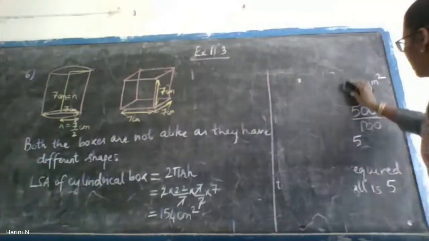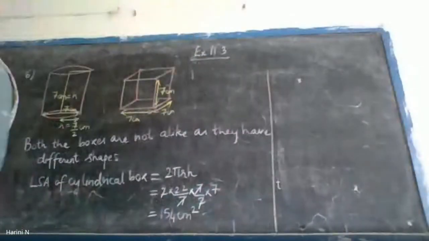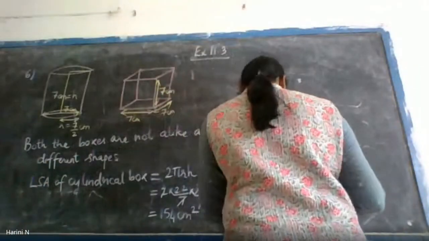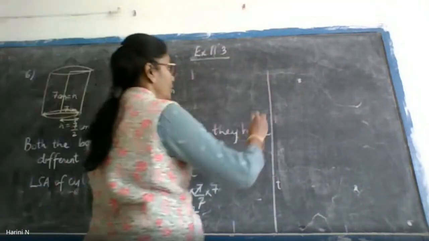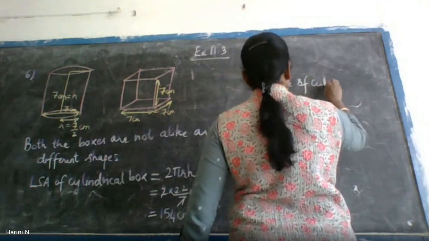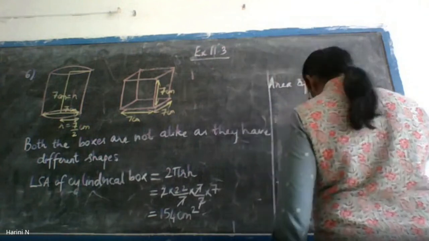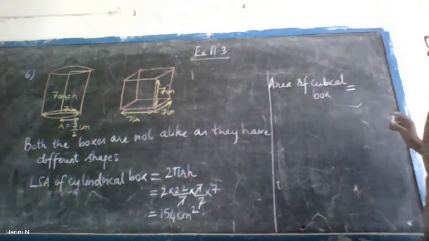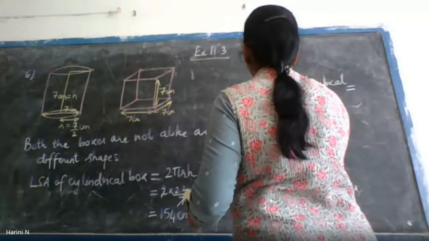Next, moving on to the area of the cubical box. Quickly we'll finish this problem. Area of cubical box will be the LSA, because you have to substitute the formula for LSA.